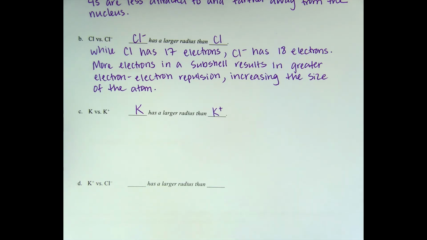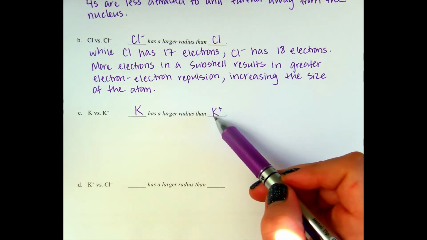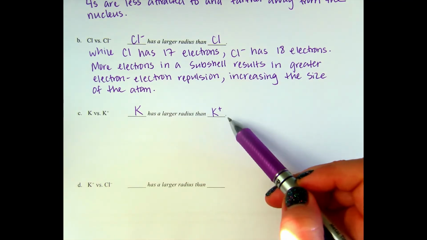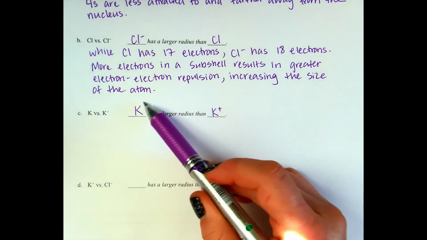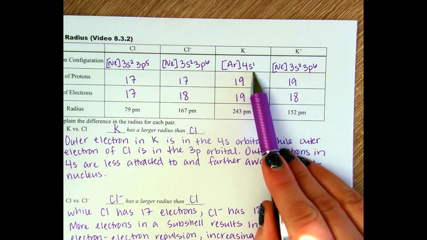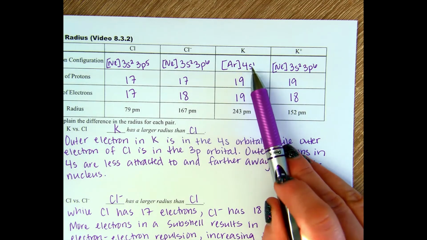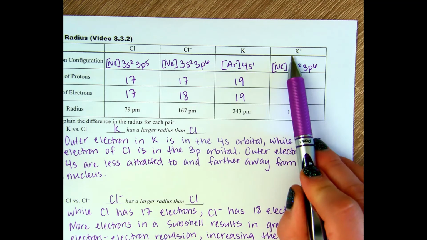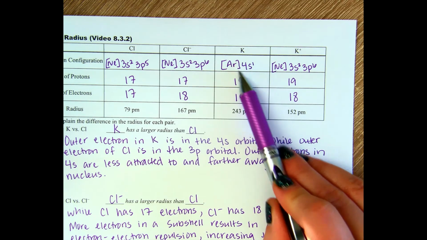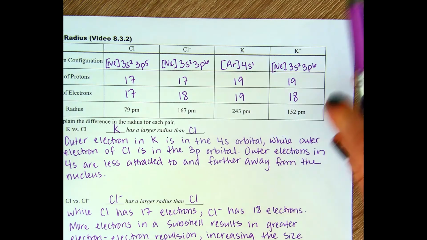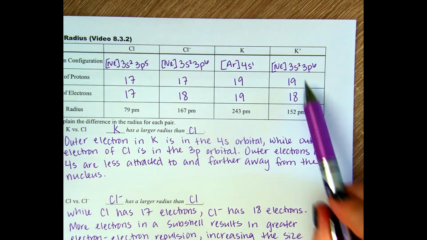Okay, so both potassium and the potassium ion have 19 protons, so those are the same. But the outer electron of potassium here is in the 4s orbital. However, when you take away that electron to form the potassium ion, that positive cation there, you have lost an entire shell. So now instead of having a level 4, like the 4th shell out, now you only have 3 shells.